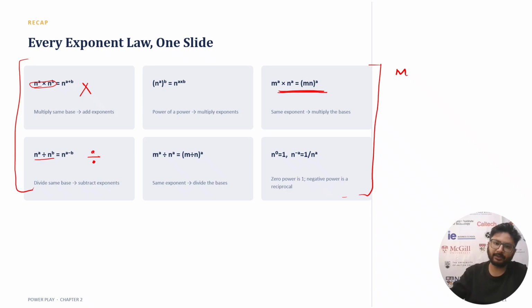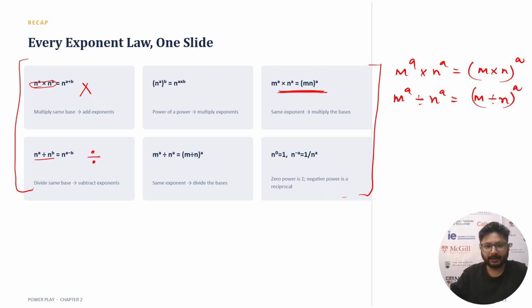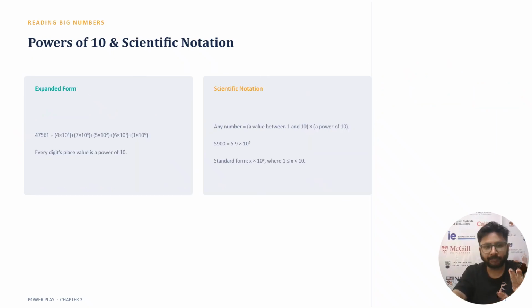So m to the power a multiplied by n to the power a is equal to m multiplied by n whole to the power a. Same goes for division. m to the power a divided by n to the power a is equal to m divided by n whole to the power a. Anything raised to a power of 0 is equal to 1. Negative power means do the reciprocal of the number to convert it into a positive power. Yeah, this was all about the laws of exponent.